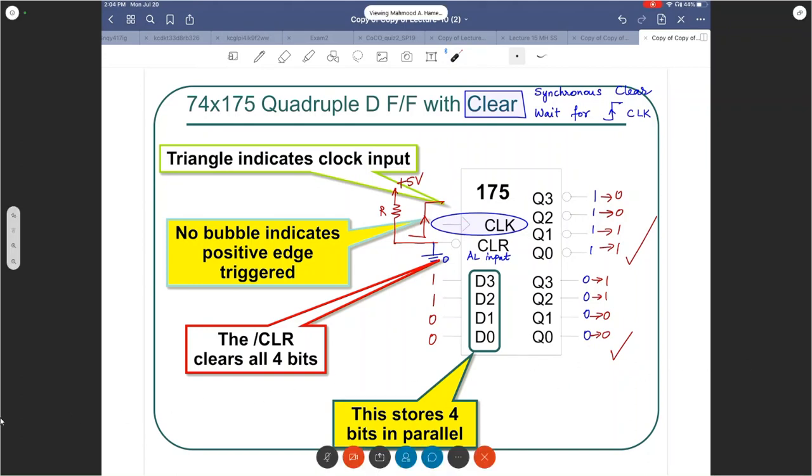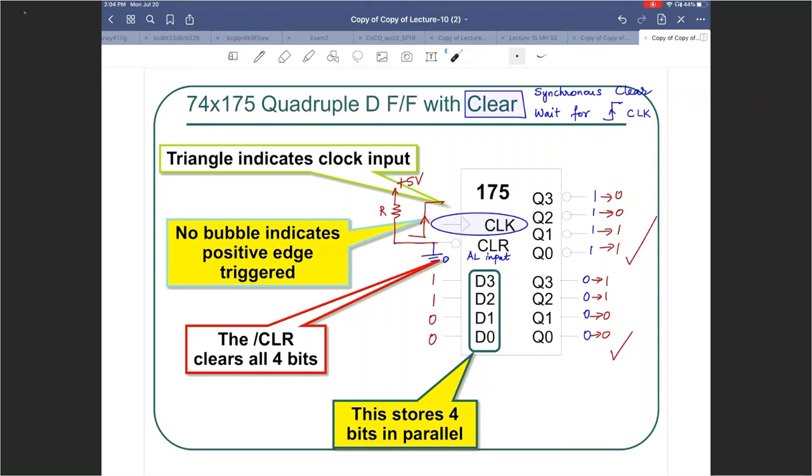Do you need to clear every time you want a new input? Absolutely not. You only need the clear input to establish a starting point, right? When you power things up using VCC and ground, ICs start in a random power up state.